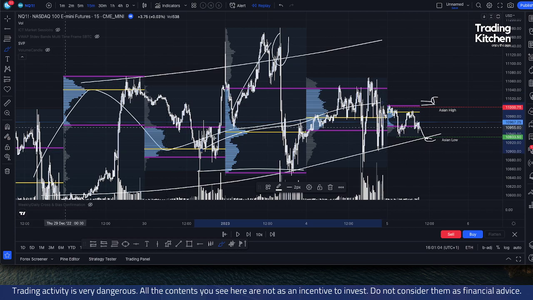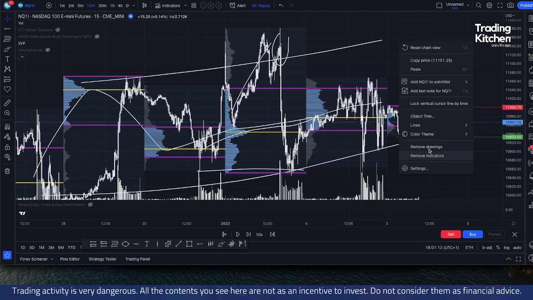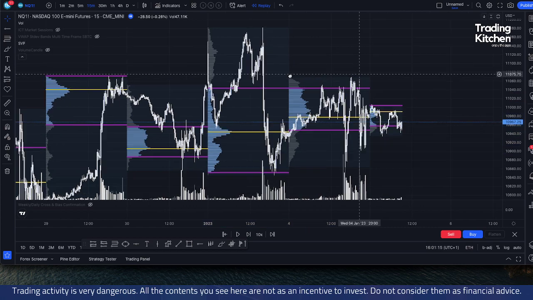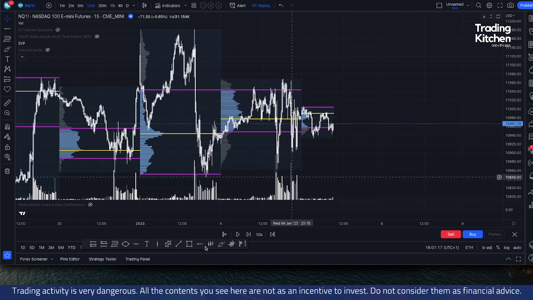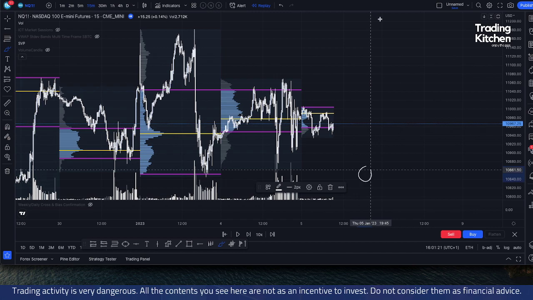Looking only at the session volume profile, I see that we are going to consolidate. And when I see price consolidating like here, what I can expect is a reaction at the highs or the lows of the range, so here or here.